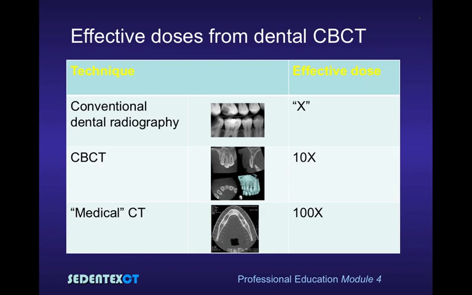This is a very simplified way of expressing effective dose to patients undergoing dental cone beam CT and other examinations, but it is probably easier to remember and more useful in real life.